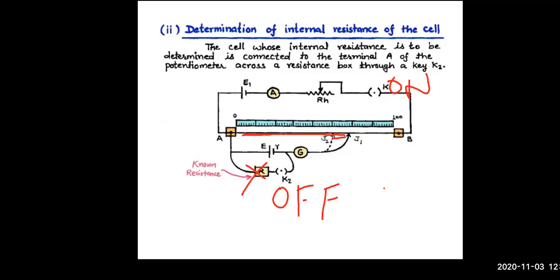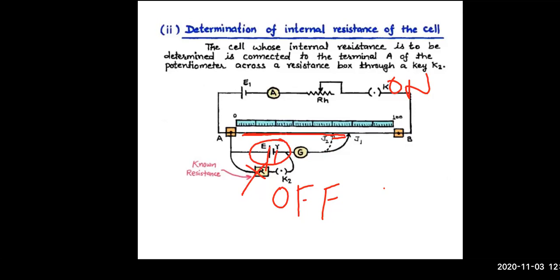That is the length at which the galvanometer shows zero current, at which the current in the circuit is zero, right? Current in the circuit is zero means the potential across the plates of this cell, that is positive plate and negative plate, will be equal. So only the current is not flowing.